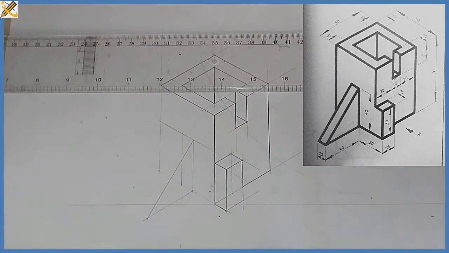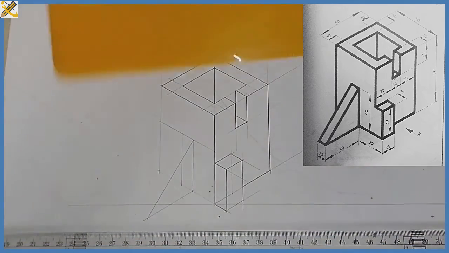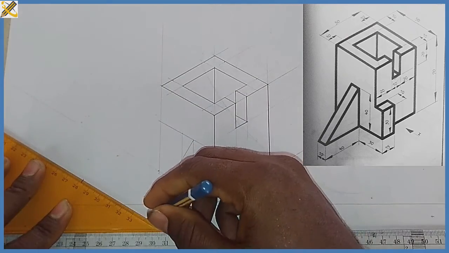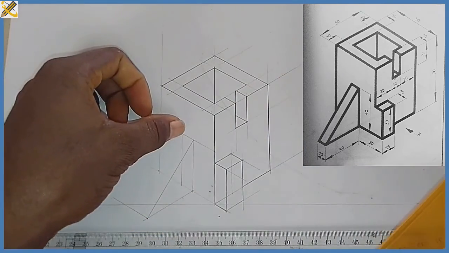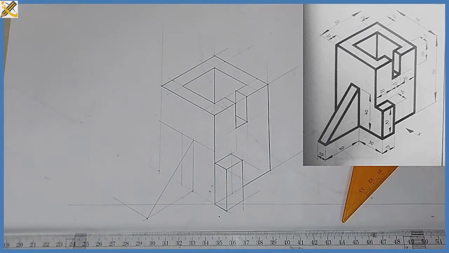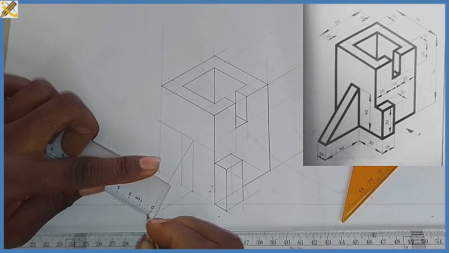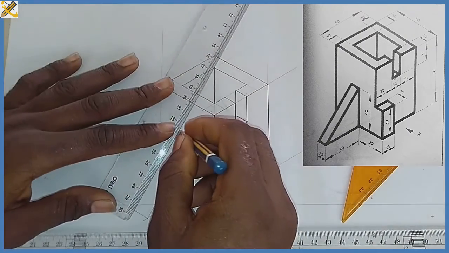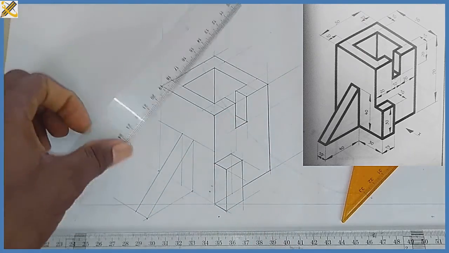So picking my set square and the isometric plane from the junction right here, draw an extension inwards. All right, then from this mark of 10 right here, I'm measuring mark 10 also right here. Well, that's the thickness. Then I'm going to also join to the bottom right here, as you can see.